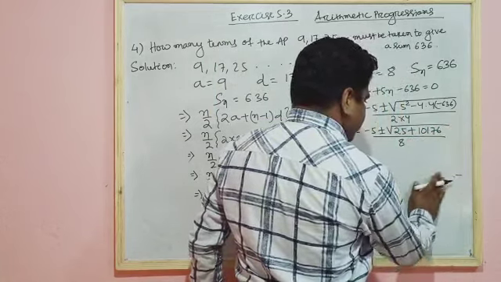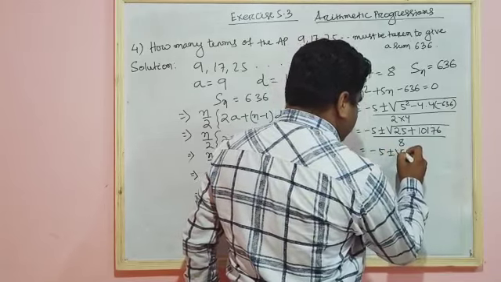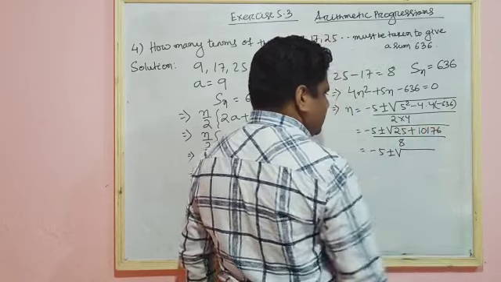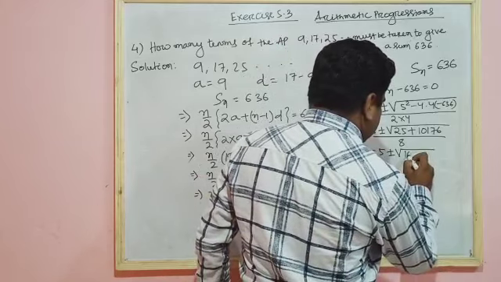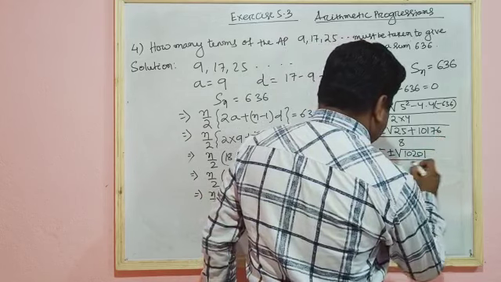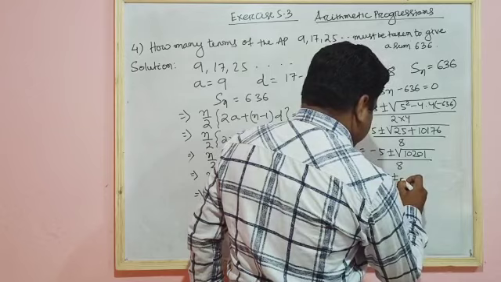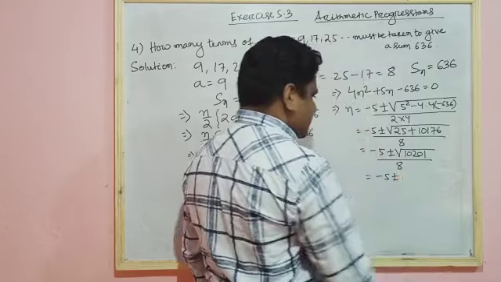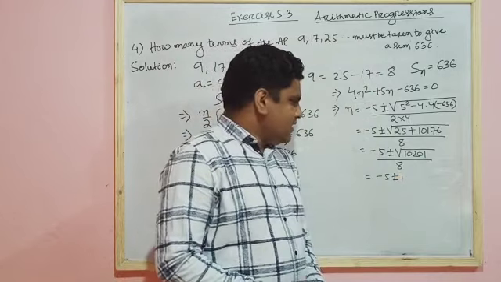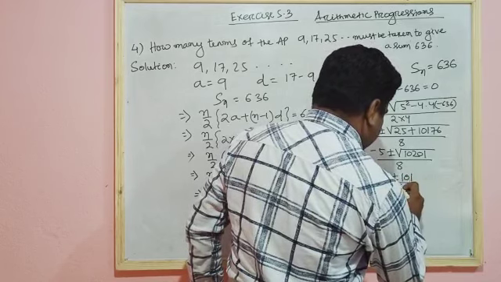Let's erase this. Now it will be minus 5 plus minus root over of 25 plus 10176, it will be 10201, by 8. Minus 5 plus minus root over, we have to find the root of 10201. How much is it? It is 101 by 8.